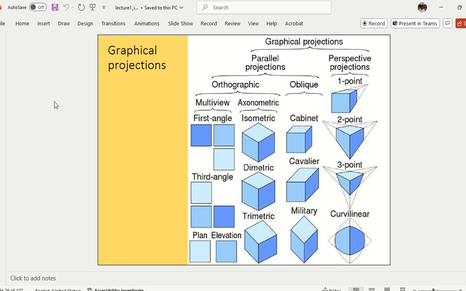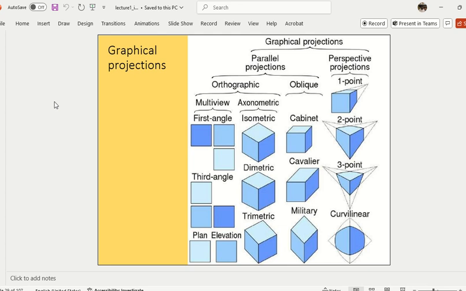The color is showing that this one is a plan view, this one is a side view, this one is a front view. The colors are just showing from where I am taking. But what is the difference between them? There's a plan view here, a plan view here, a side view here, a side view here, a front view here, a front view here. The views are the same, dimensions are the same, shapes are the same. So what is the difference between them?